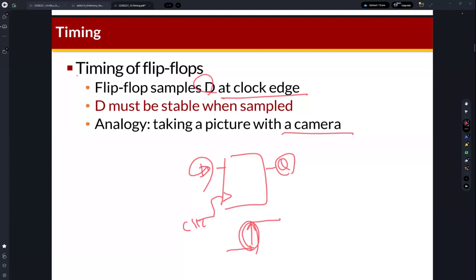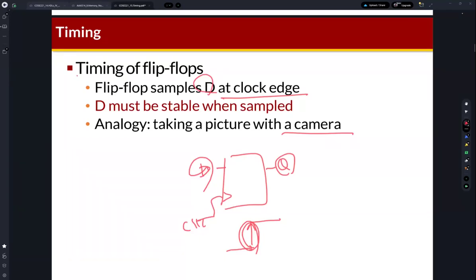If the target object is still, so it does not move, then we can get a clear image using our camera. It is because the camera just takes the picture by opening the lens for a short time, right?